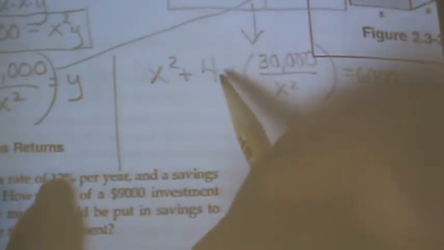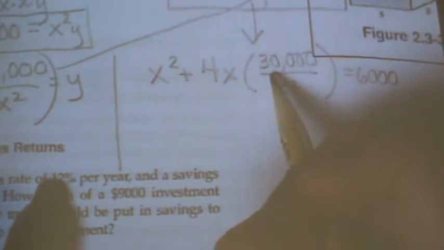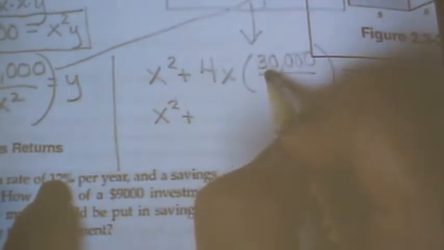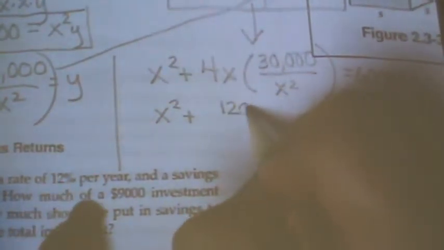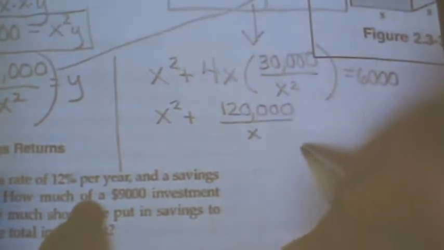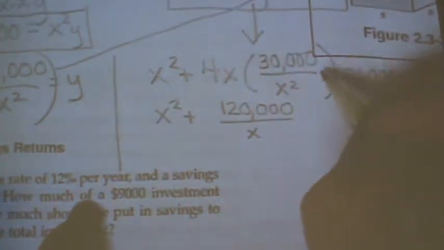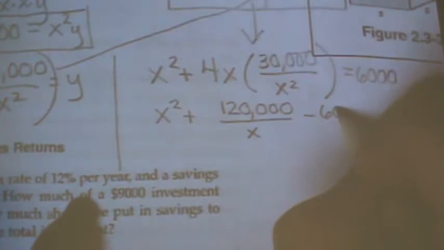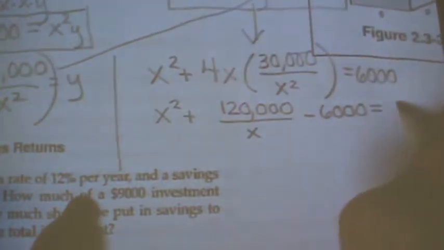Distribute your 4. So you could rewrite this as x squared plus 4 times 30,000, which is 120,000, over an x. And then I'm going to bring this 6,000 to the other side. And I'm going to type this into my calculator.